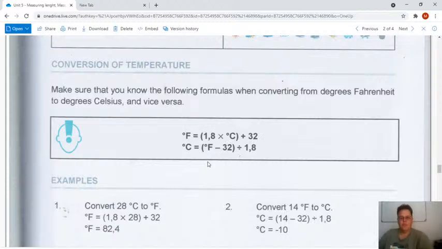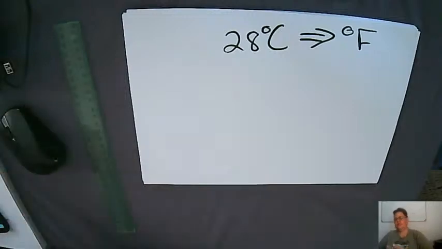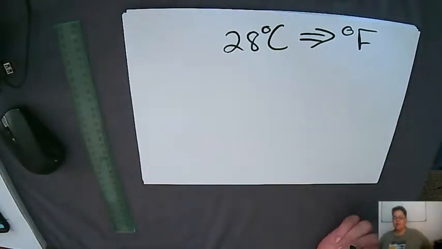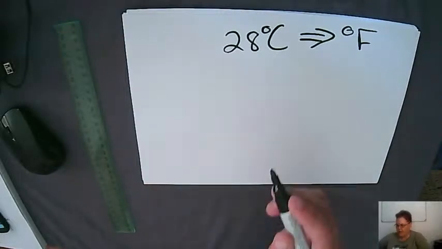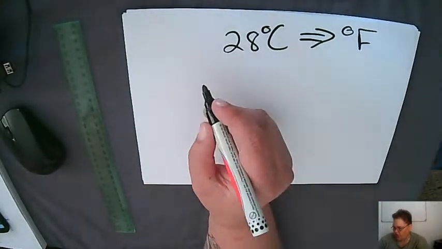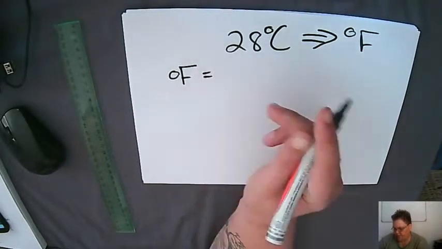Right, so now I'm going to take this away for a second, and I'm just quickly going to give you that. Okay, so we are going to convert 28 degrees Celsius to degrees Fahrenheit. The first thing we do is we are looking for degrees Fahrenheit.